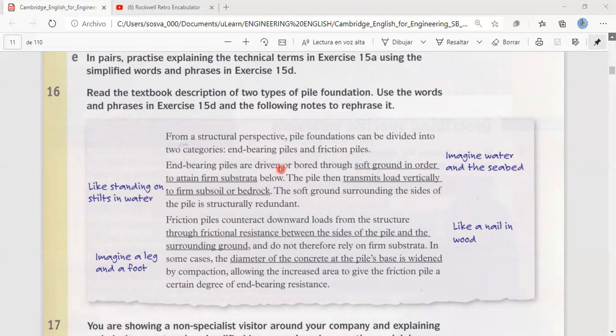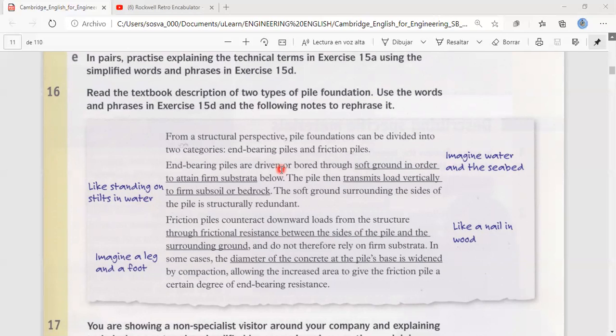Okay. And read please the second one. Friction piles counteract downward loads from the structure through frictional resistance between the sides of the pile and the surrounding ground, and do not therefore rely on firm substrata.